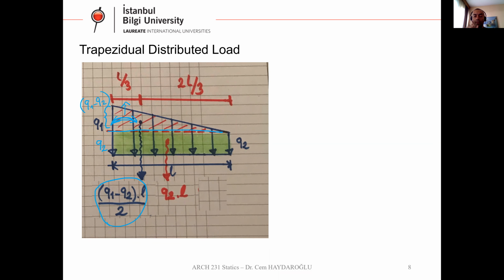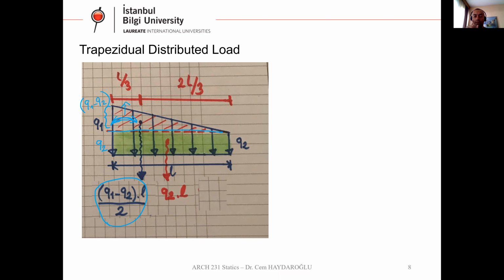And we have to find the second thing, the correct concentrated load location. The rectangle is basic, the symmetrical triangle is basic at the midpoint. If we have a perpendicular triangle, we have to use the 1/3 rule. From the highest point, 1/3 L away.